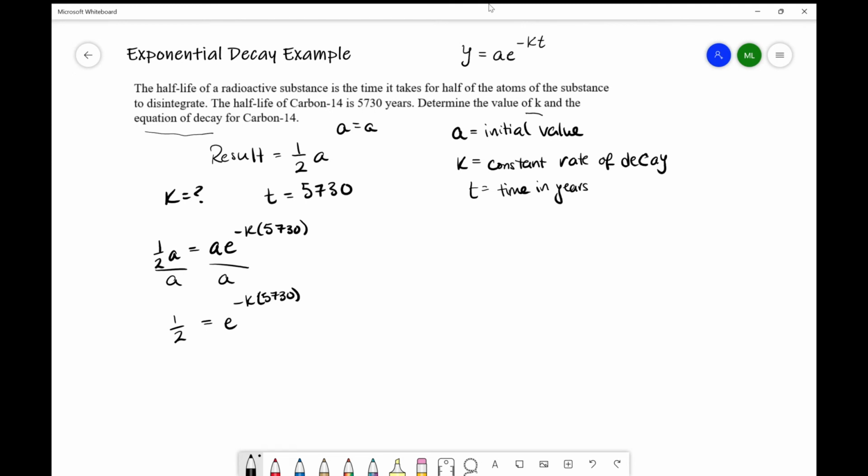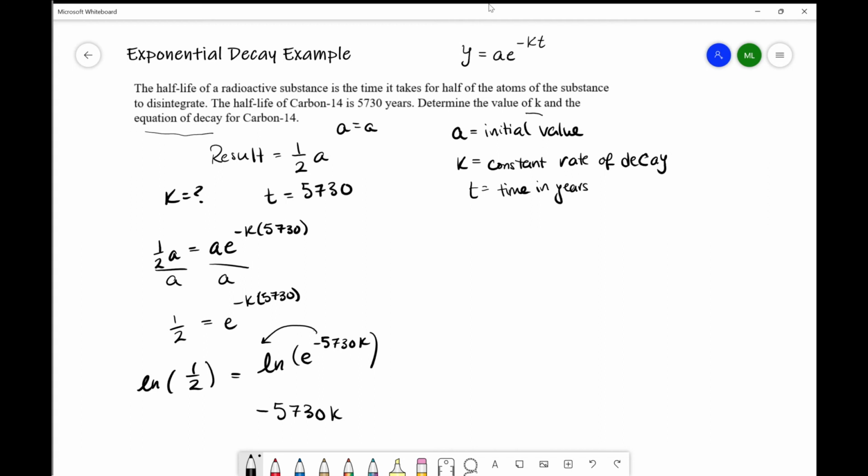So we have half equals e to the negative k times 5,730. Now we have an exponent of e on one side and a constant on the other, so I can take the natural log of both sides. I have natural log of e to the negative 5,730k.